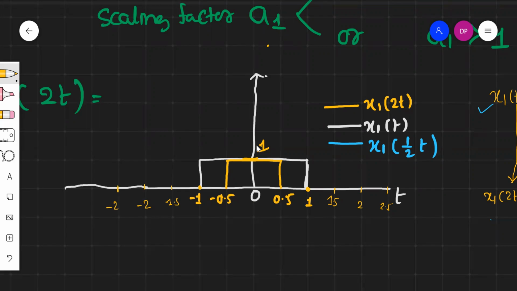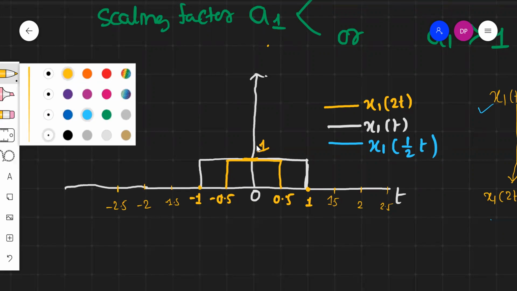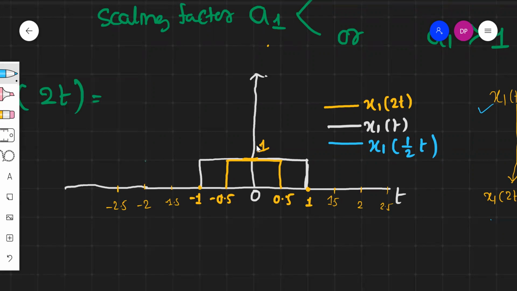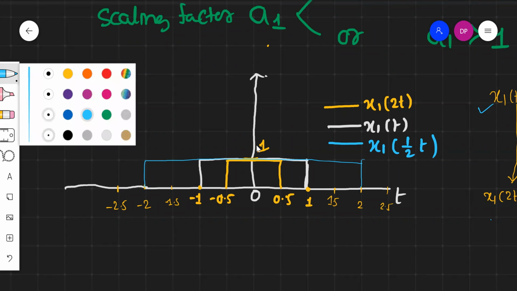This is -2.5. And we have seen the mathematical expression of x1 of half t, and the expression says that it is from -2 to +2. Right? The sky blue signal that you see.